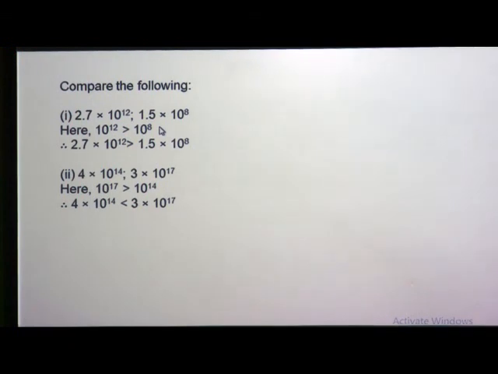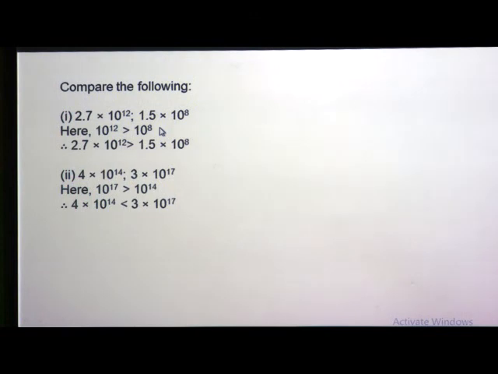Here we first compare the powers: 10 raised to power 12 is greater than 10 raised to power 8. Therefore we can say 2.7 into 10 raised to power 12 is greater than 1.5 into 10 raised to power 8.